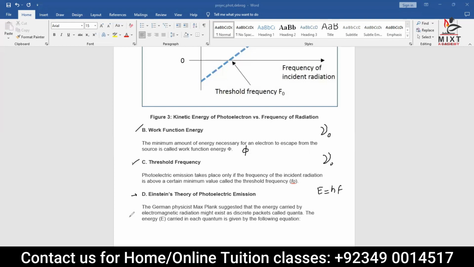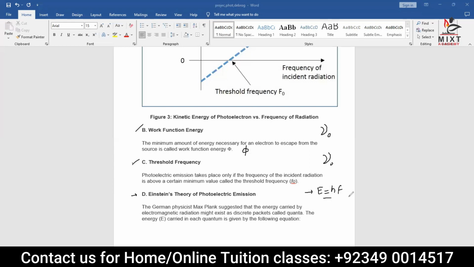So I want you to write this as well. The German physicist Max Planck suggested that the energy carried by electromagnetic radiation might exist as discrete packets called quanta. And the energy carried in each quantum is given by the following equation.